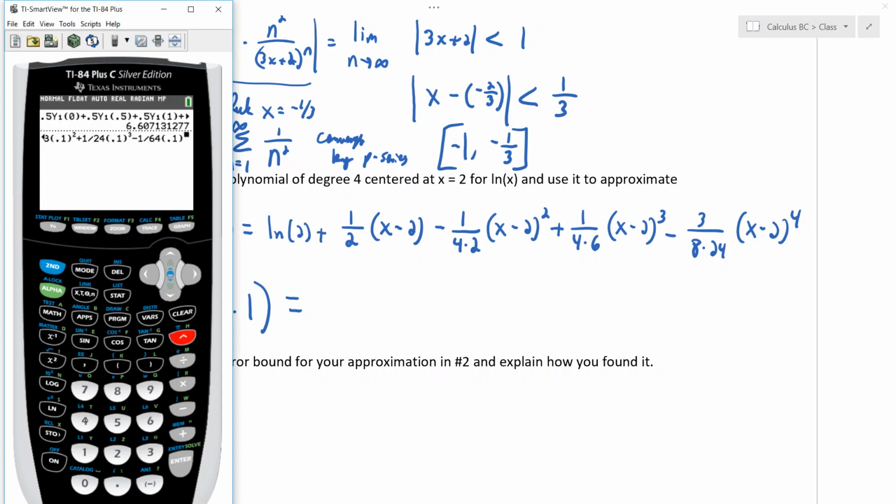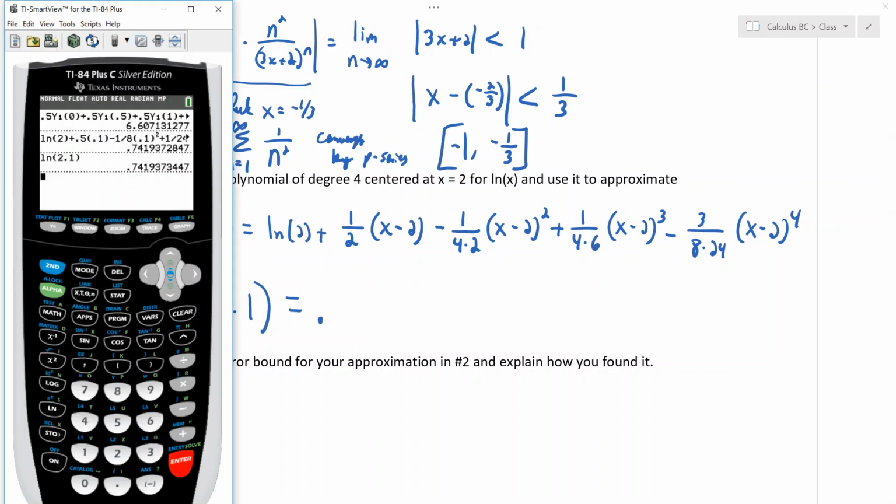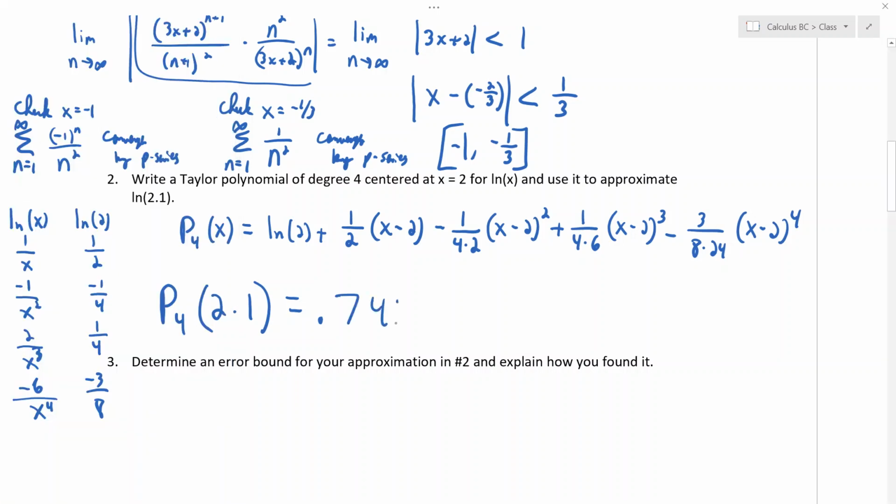0.1 to the 4th. Kablow. 0.7419, and I'm going to check that. Ready? ln 2.1. Look how close it is. That's just how good the series is.